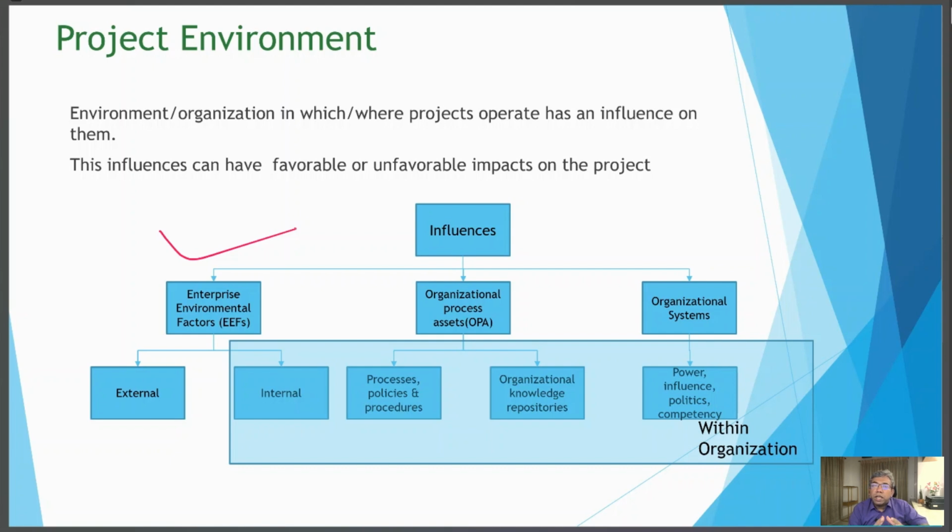So remember that there are three parts. One is enterprise environmental factors, then organizational process assets, then organizational system. Besides that, you should also try to remember that most of the organizational process assets and organizational system come from your internal organization.